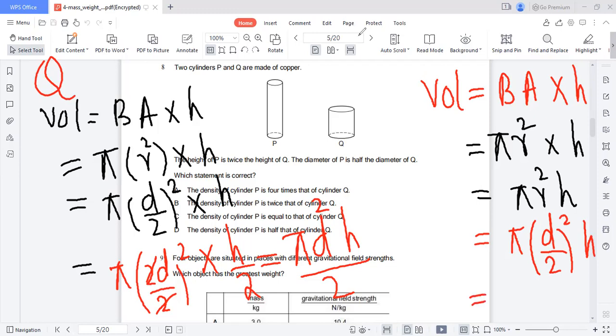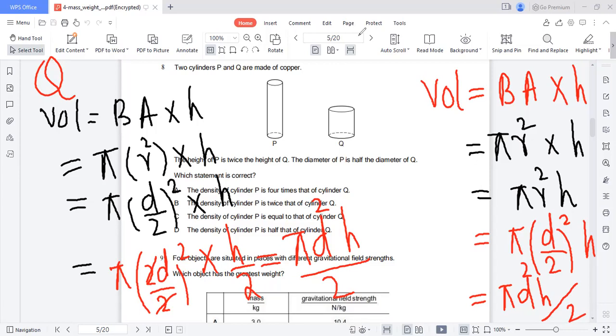Okay, so pi, and it would be d square h divided by 2. So this is the volume of P.